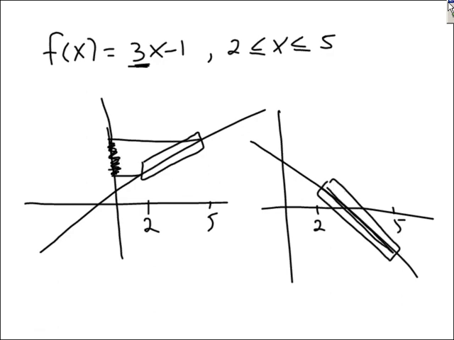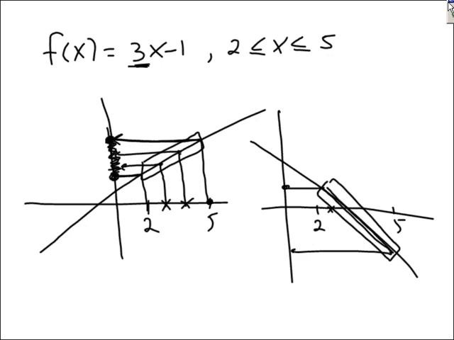This x value corresponds to that y value. 5 corresponds to this value up here. 2 corresponds there. Even if I have it backwards, 2 corresponds there, 5 corresponds there.